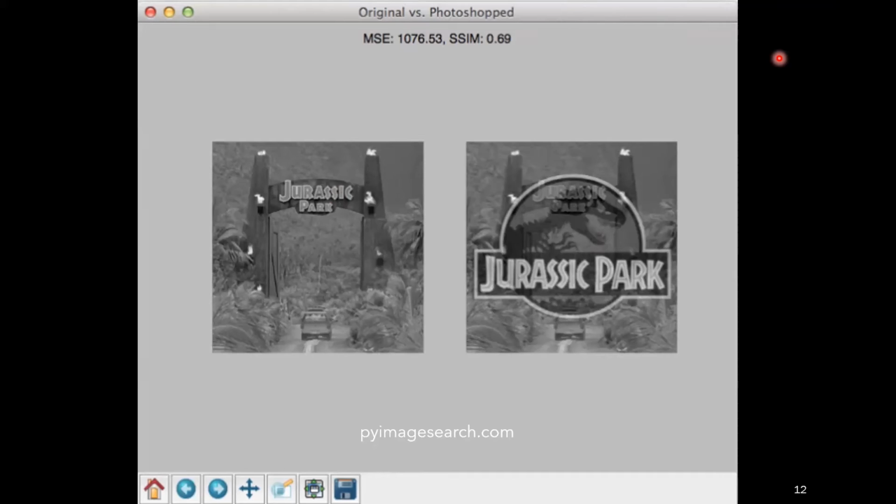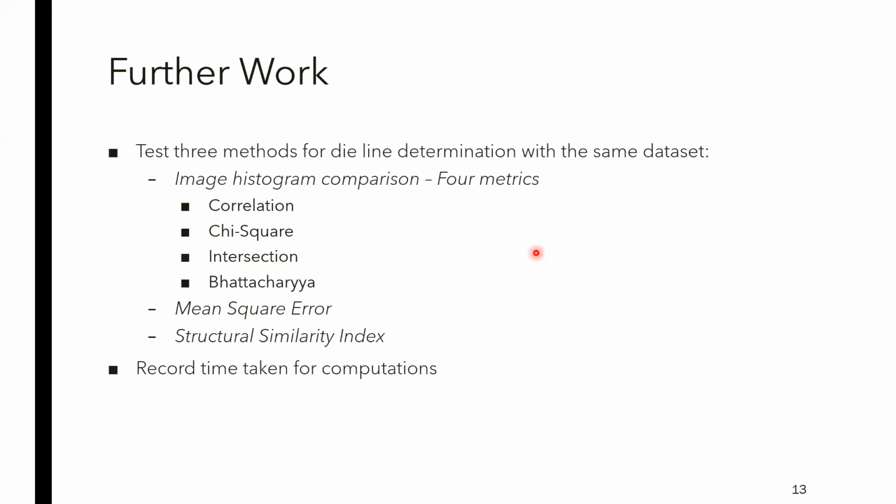And that was just an indication that the SSIM was better at detecting contextually different images, even though the pixel values for these two images at each point on the image were relatively the same. So in the coming weeks, we're going to look at these three methods and test them.